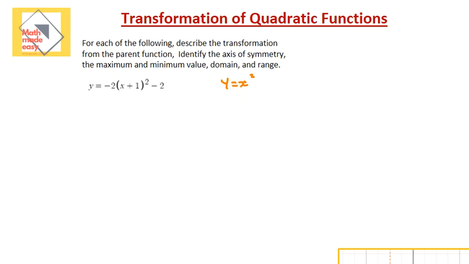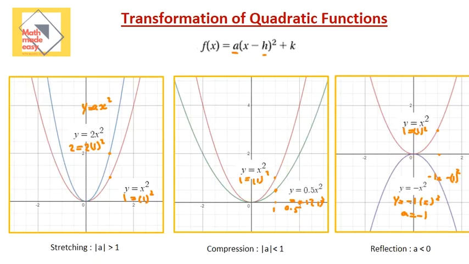Now let's just go back for a minute and discuss the maximum and minimum values. Now we have here 2 parabolas, if you can see here. This one is y equals x squared, and this one is y equals -x squared. When we say y equals x squared, the vertex here, as you can see, is the least value of y. All the values of y are greater than that, right? So we call this a minimum point, because the value of y at the vertex is the least value of y for the whole parabola.